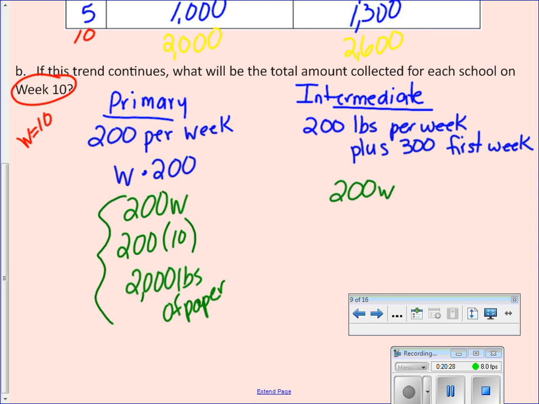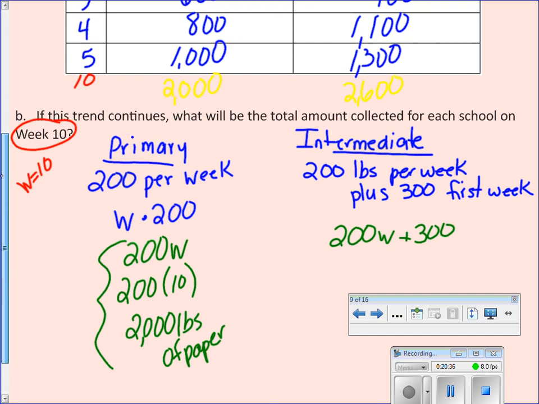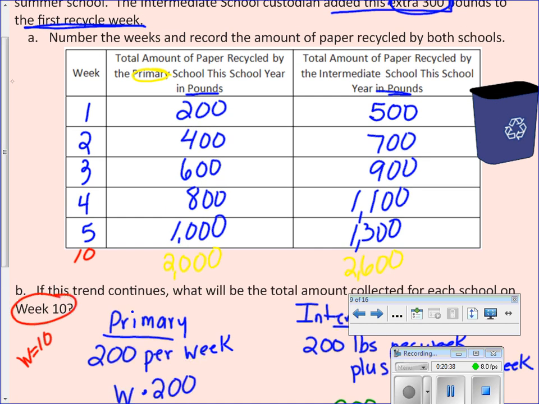But I also have to add that plus that 300. And let's see if that makes sense. 1 times 200 is 200 plus 300 is 500. 2 times 200 is 400 plus 300 is 700. So it works.